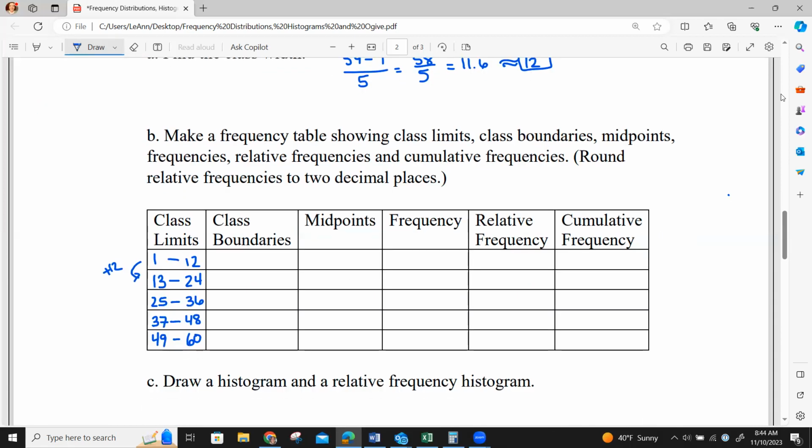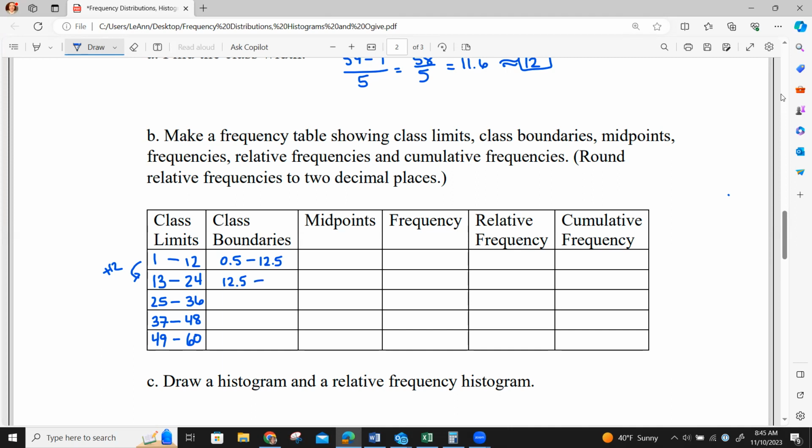The class boundaries, we take a half point off in each direction of these integers. So that would be 0.5 to 12.5. Notice this will also be 12.5. It's okay for these to overlap because that's where the histogram bars are going to touch. There is no actual 12.5 in my list of data.